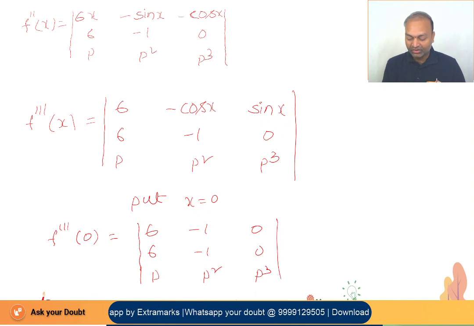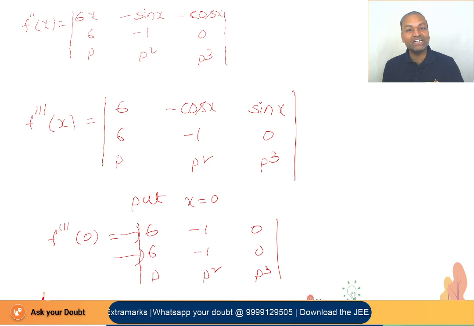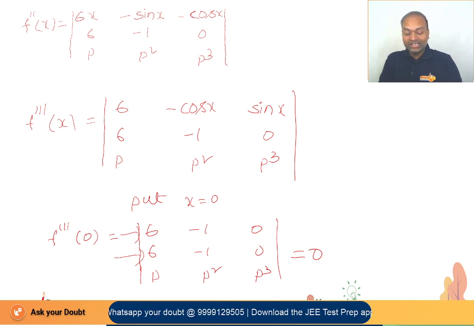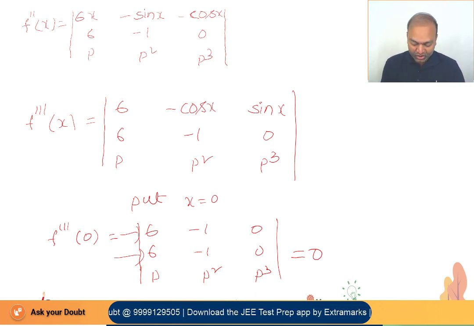Now see here, first row elements and second row elements are the same. So the determinant answer will be 0. Finish problem. So the third derivative at x equal to 0, the answer is 0. Okay. Right. Let us come to the next problem.